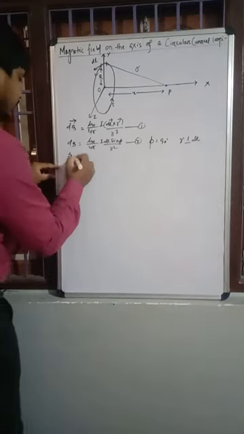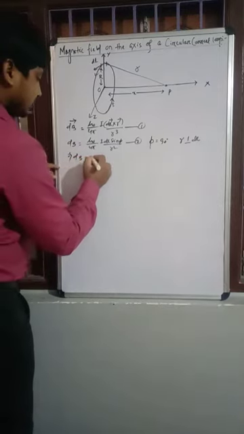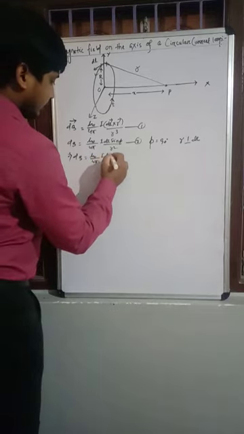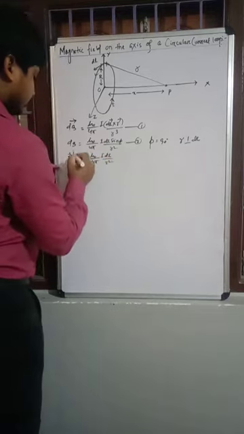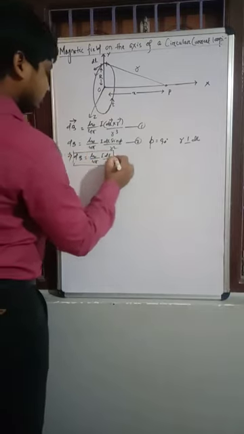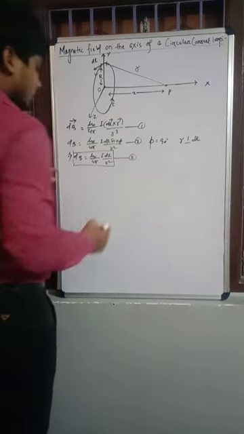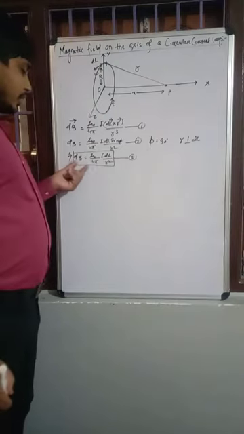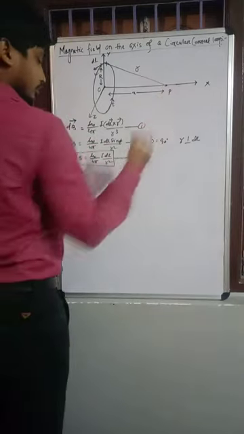So you will get the magnetic field dB given by mu naught by 4 pi I dl by r square.